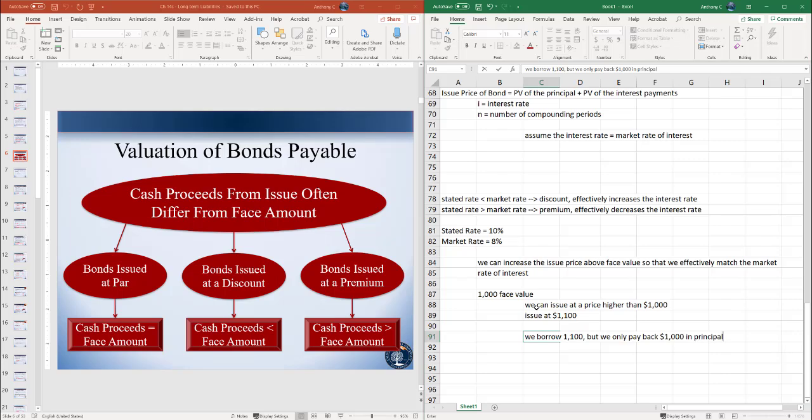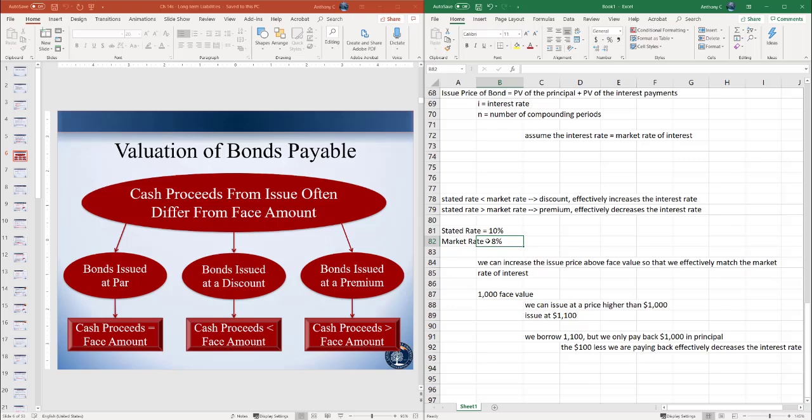Of course, we'll still be making our interest payments, but since we're paying back $100 less, that effectively decreases the interest rate. But as long as our rate matches the market rate, bondholders should be willing to purchase our bonds.